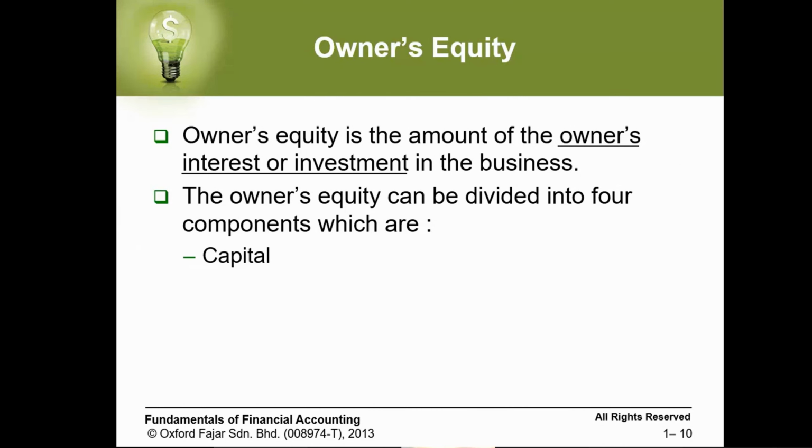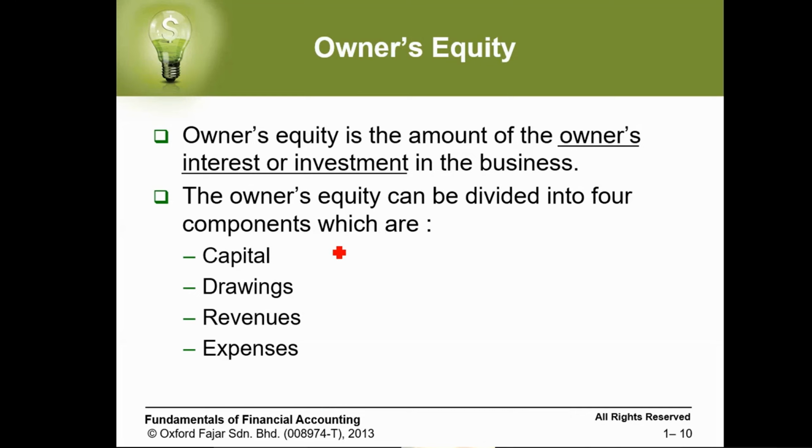Owner's equity, as we explained, has four components. What is owner's equity? It is the amount of the owner's interest or investment in the business. Owner's equity can be divided into four components, which are capital, drawings, revenue, and expenses. Those are the four components of owner's equity.